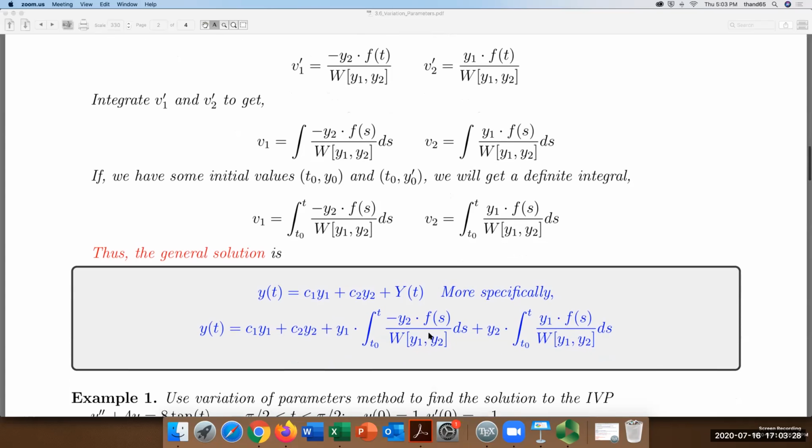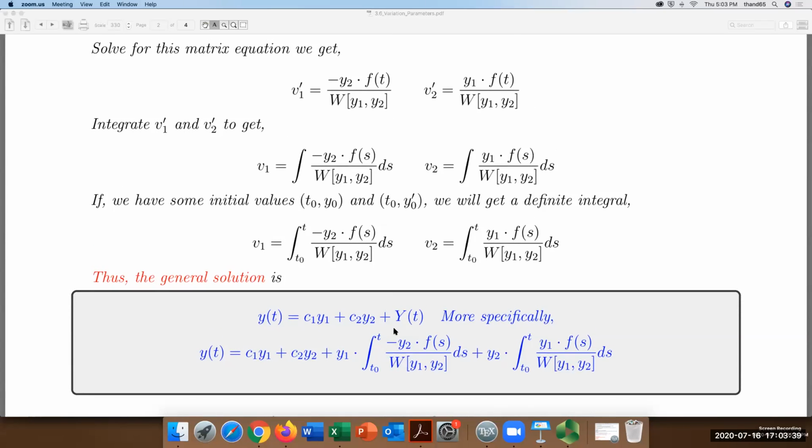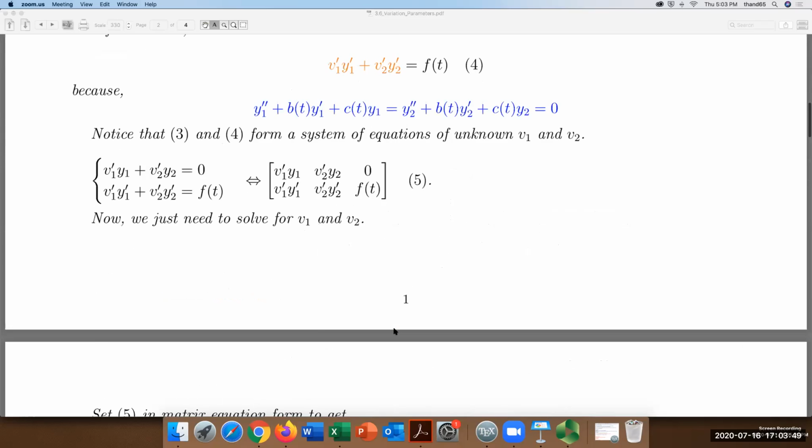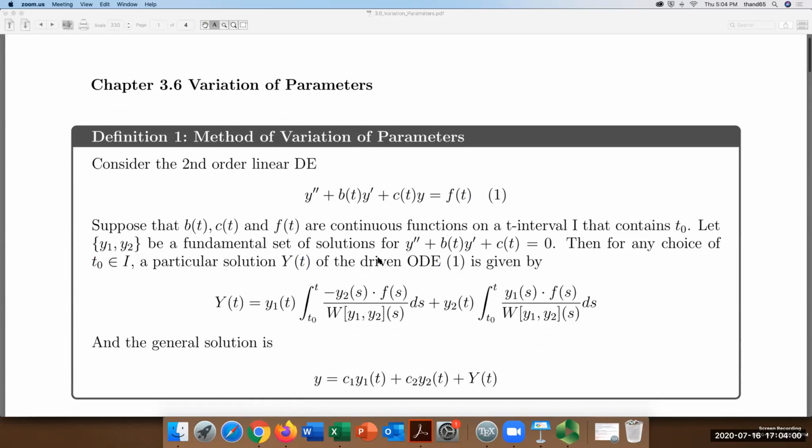More specifically, you can replace big Y of t by V1 times this integral and V2 times this integral. So this is a method that helps you find general solutions, and also a particular solution to an IVP, for a second order linear ordinary differential equation in this form. You have to start with the correct form with all the conditions before you can start using this method.